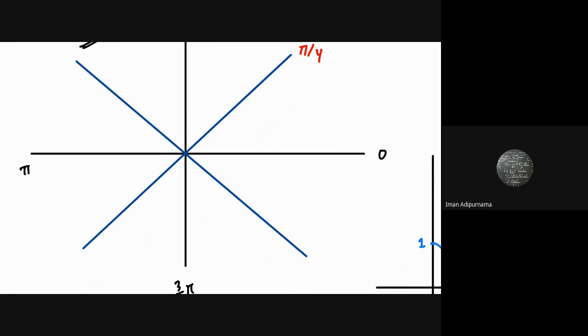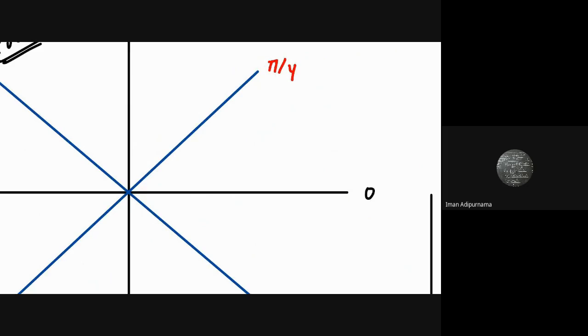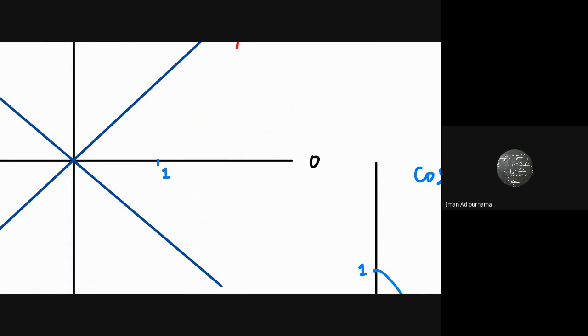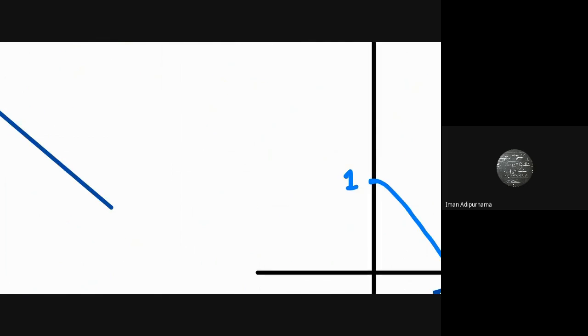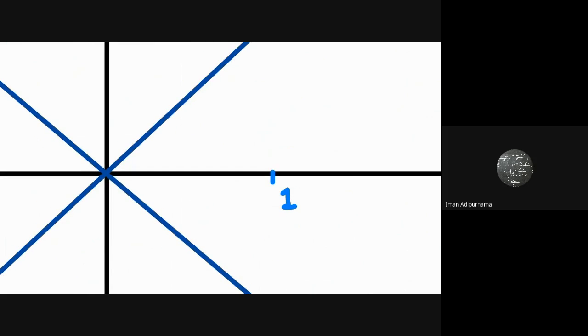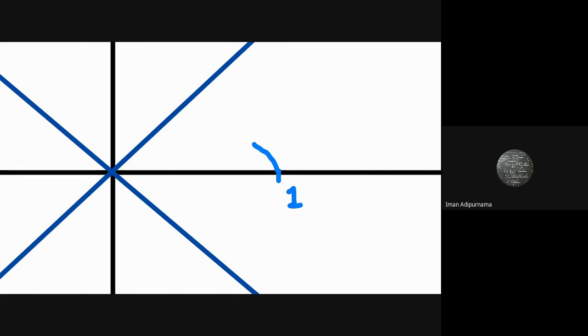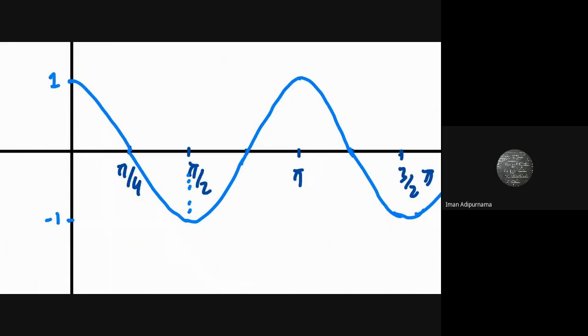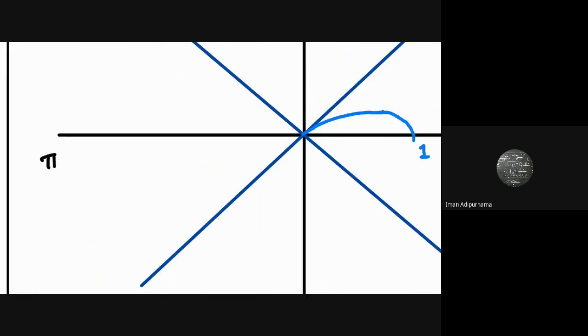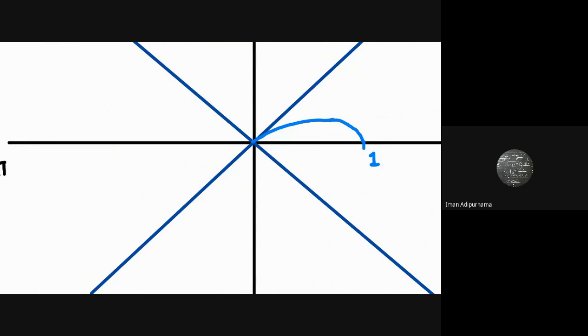Now, from 0, we start from, let's say this is 1. We start from there, and then we increase the angle until pi over 4, where the value is 0. So it will look like we need to increase until there. And after that, what will happen? We will meet a negative part.